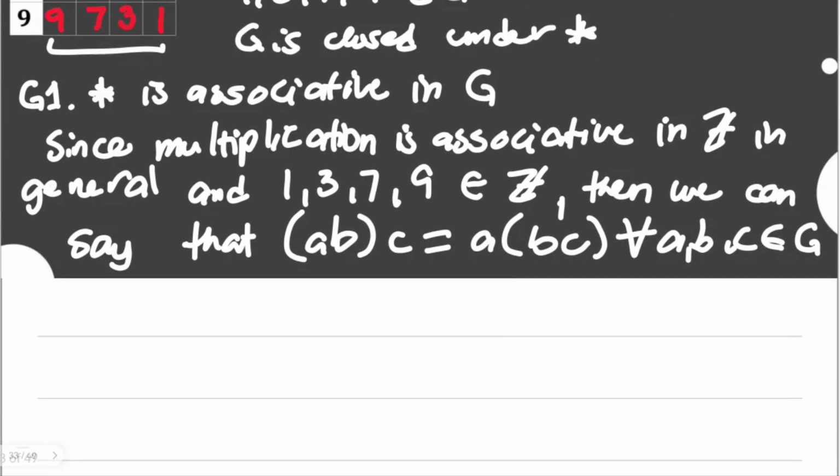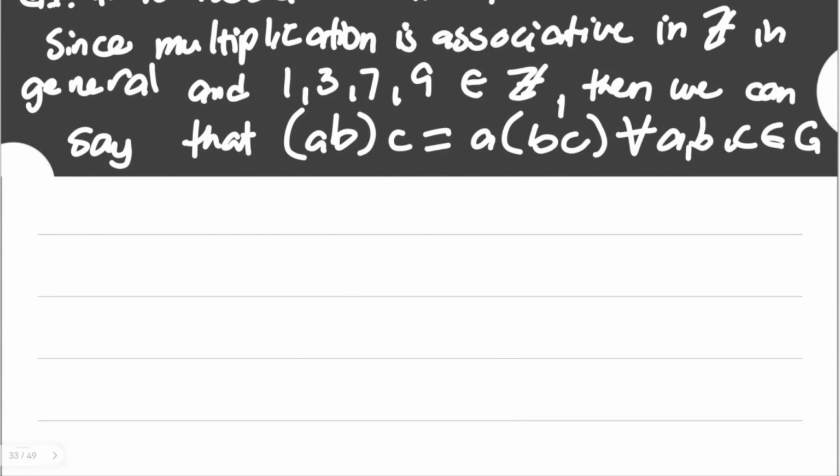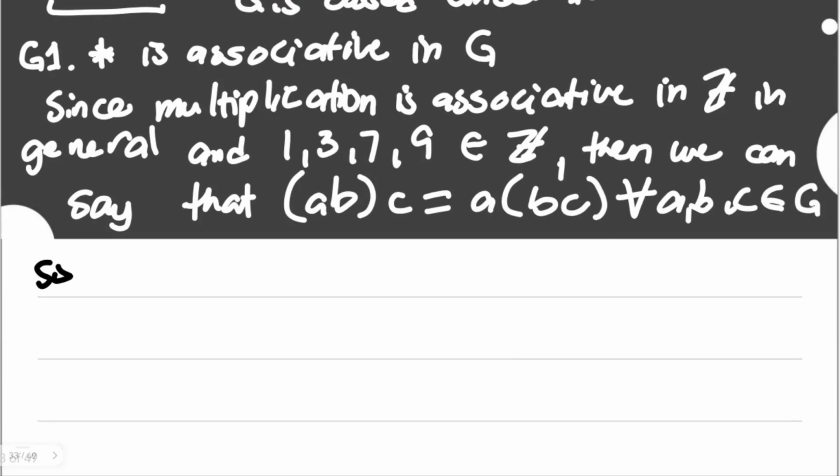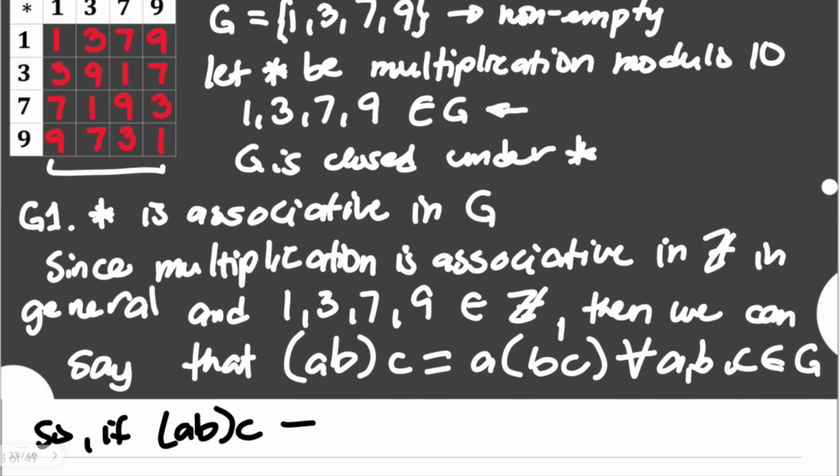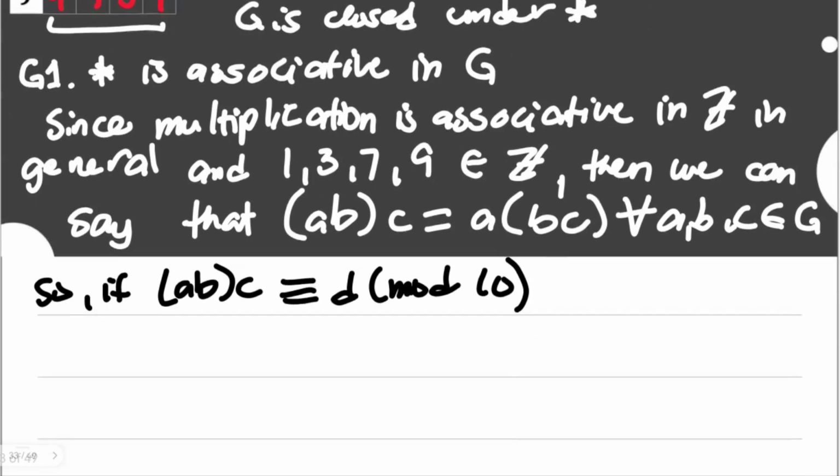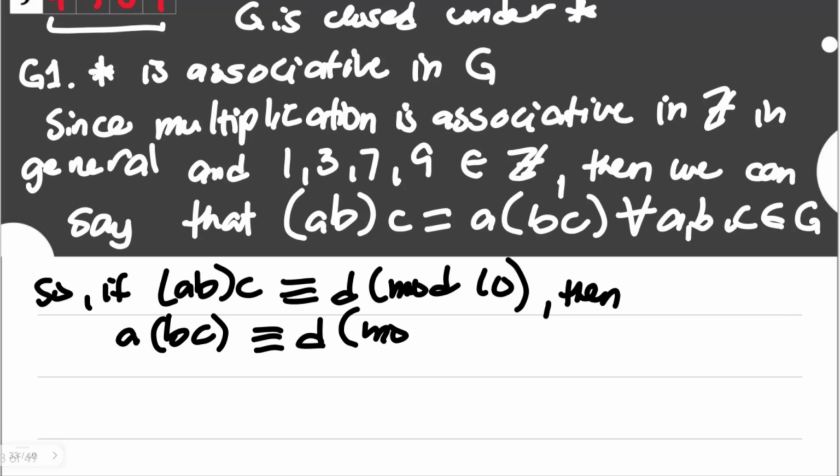That would mean that if the result of this usual multiplication is congruent to, let's say, D modulo 10, just our given, then we can also say that the other grouping will result to the same value because in the first place they are just the same when they are considered to be integral values.